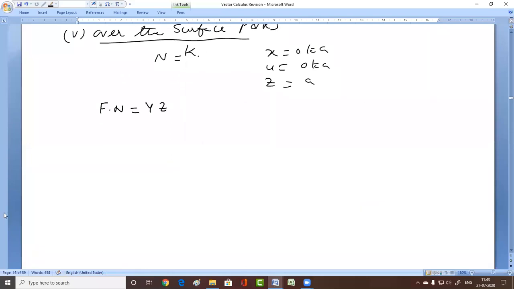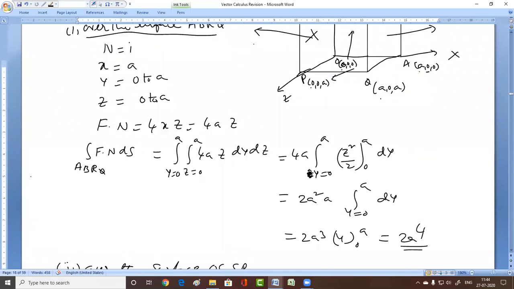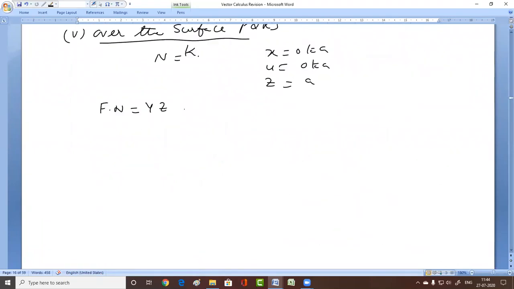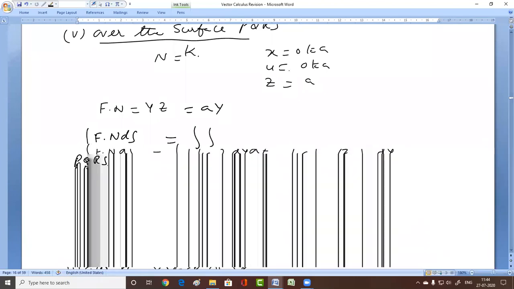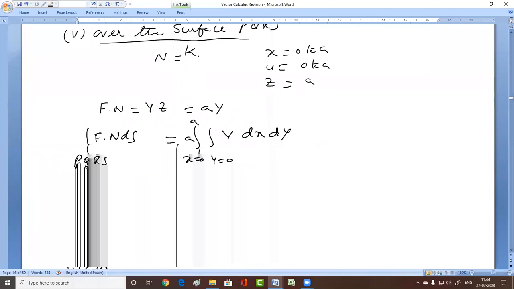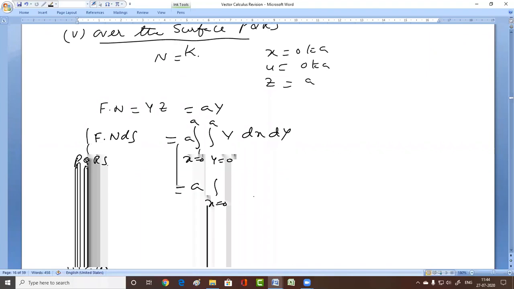F dot n, f is yz times k component. Here z is already known, a times y. The integral of f dot n ds over the surface PQRS equals the double integral of a times y, where the varying variables are dx dy. Now x is 0 to a, y is 0 to a. First integrate with respect to y, then with respect to x. X is 0 to a, the y integration gives y square by 2 from 0 to a.